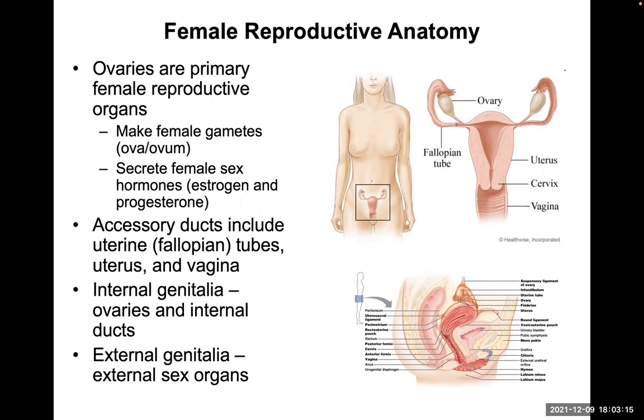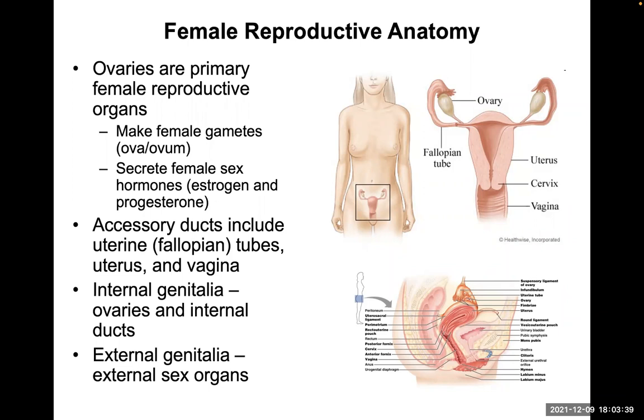For the female reproductive system, just like the male reproductive system, we have gonads and we have gametes. For females, the gonads are the ovaries, and the gonads are always the structures that make the gametes. For females, the gametes are what we call the oocytes or the ovum. I might have mentioned this already, but it's worth hearing again.